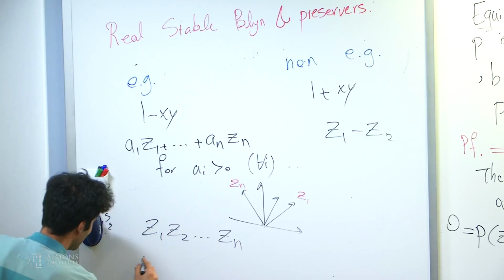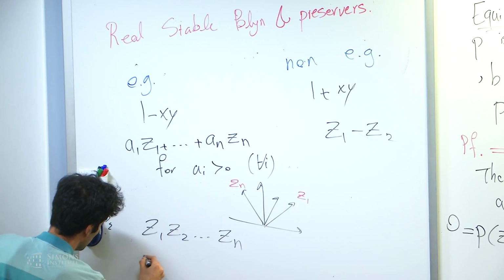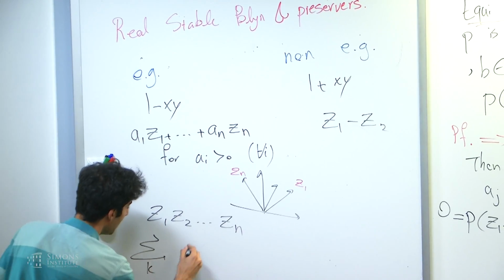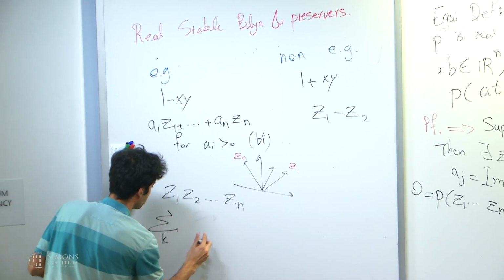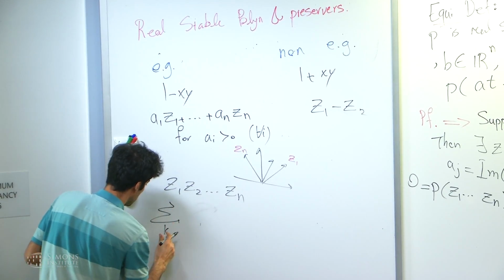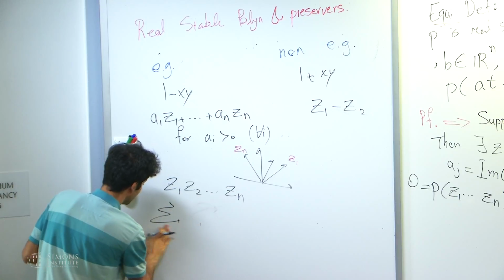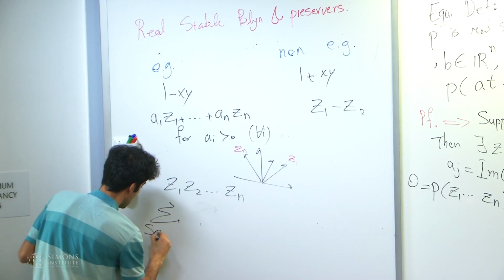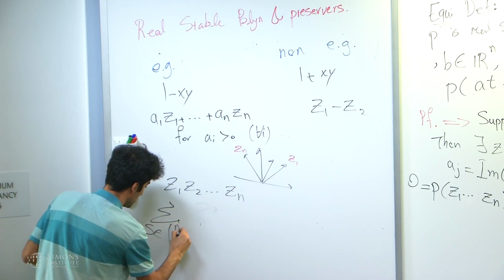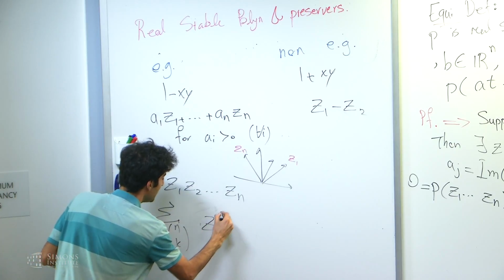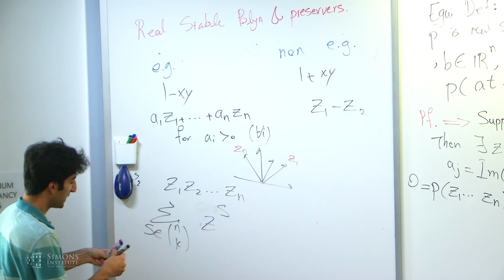Another one is the elementary symmetric polynomial. You take the sum over all S in n choose k of z to the S, where I use this notation a lot.